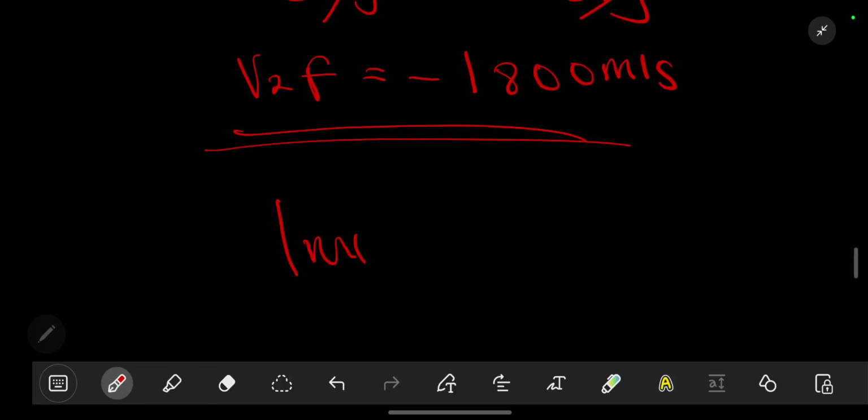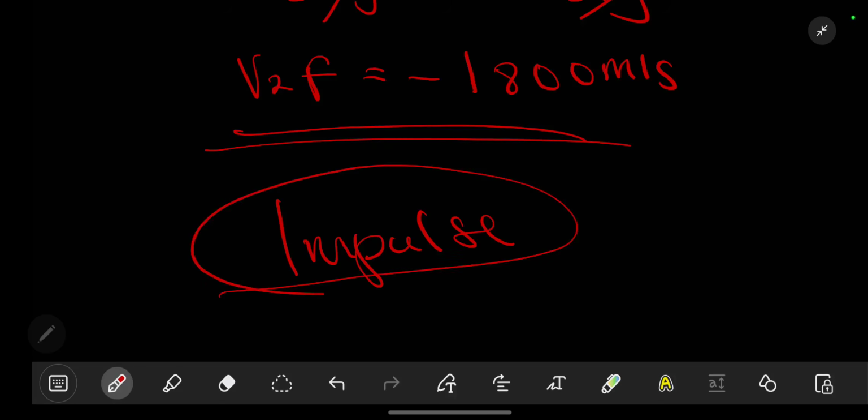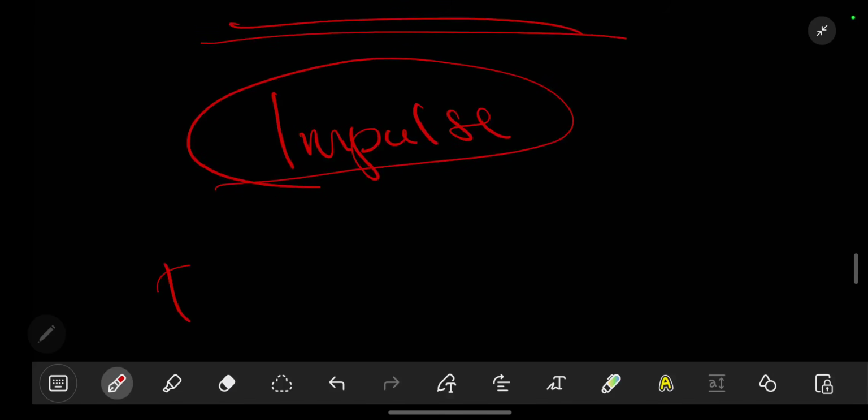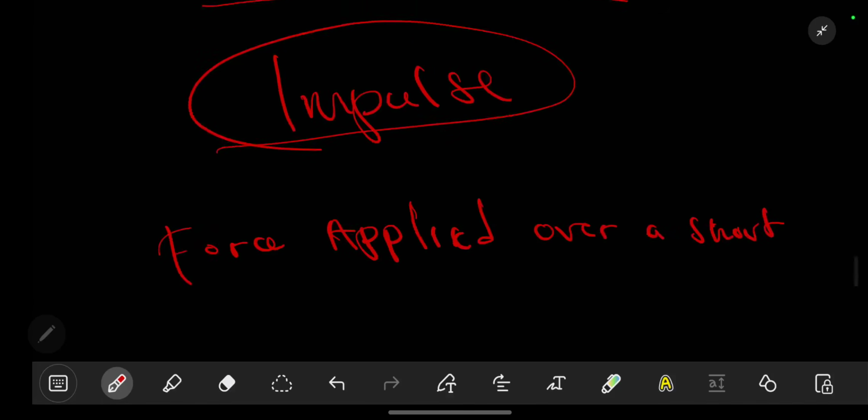Now with that said, what is impulse? Impulse, in terms of net force, is the force applied over a short period of time.